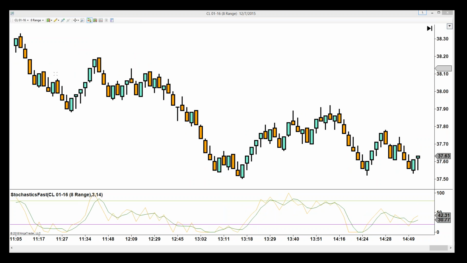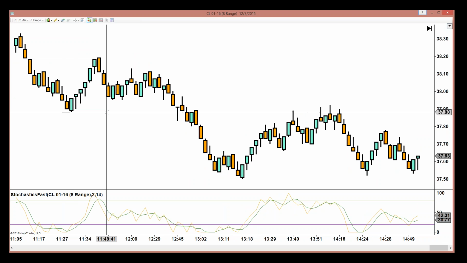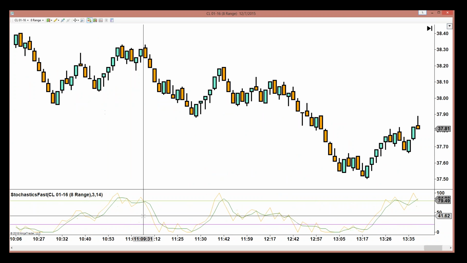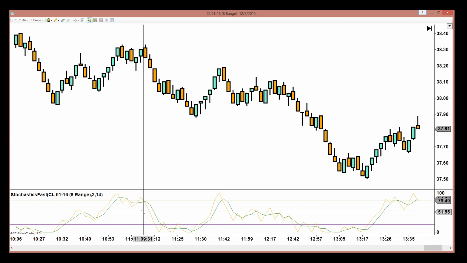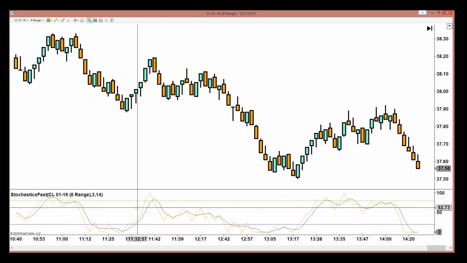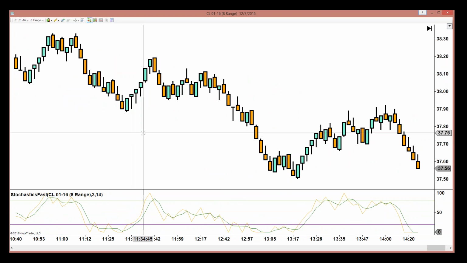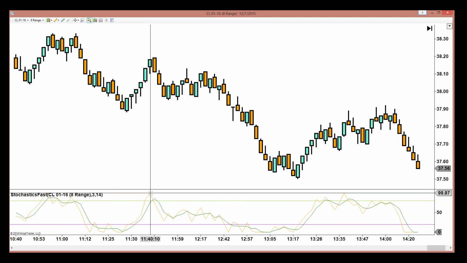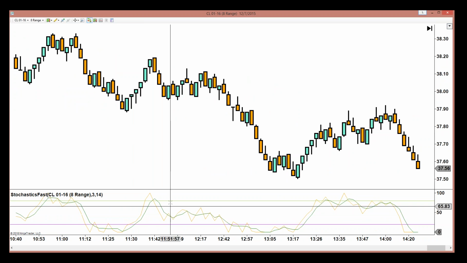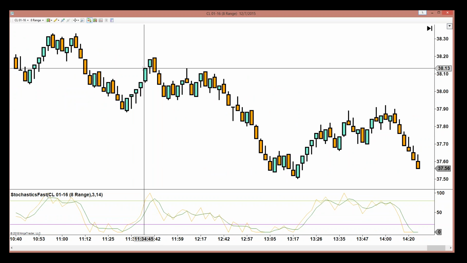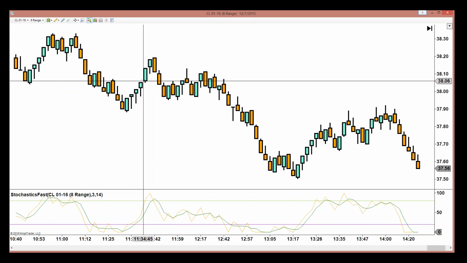Okay, now what I'm demonstrating here is price and an oscillator. Now, an oscillator, the formula, the four requirements in order for the oscillator to generate a line is the open of a candle, or the open of a formation, the close of a formation, the high, and the low.